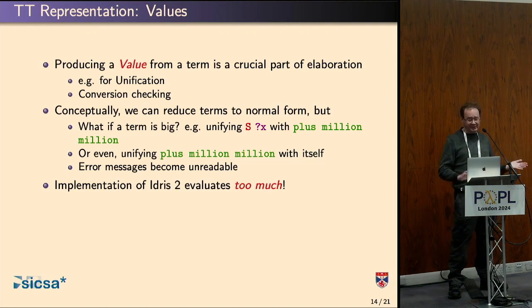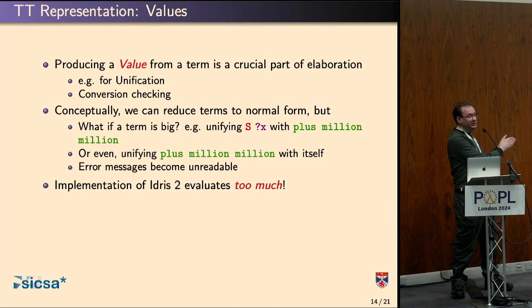So, a really simple example of this. Imagine I'm unifying 1,000,000 plus 1,000,000 with itself using nats. Now, if I say the unification works by evaluating to head normal form and just keep going as we find out more about the term, that's going to take ages.